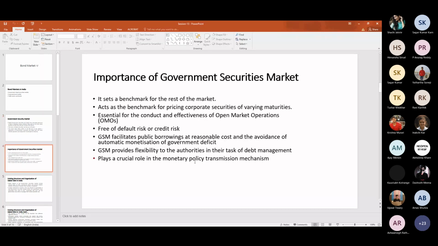I already told you that government dated securities have a lot of significance in the market from the investment point of view. Why is it so important? Because it is one type of fixed or risk-free rate available in the market.